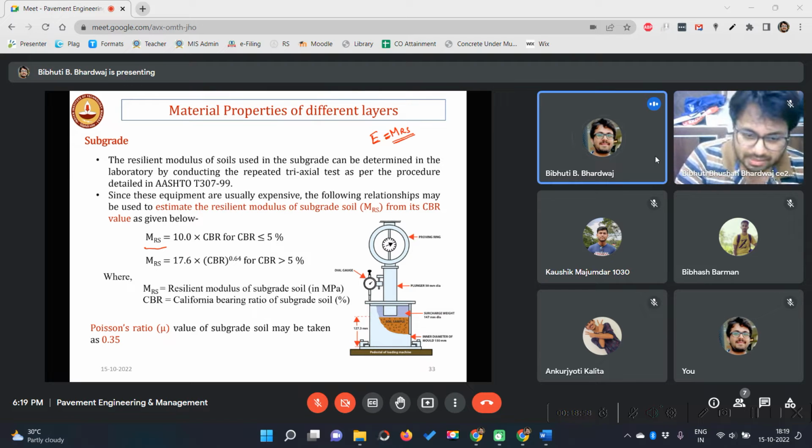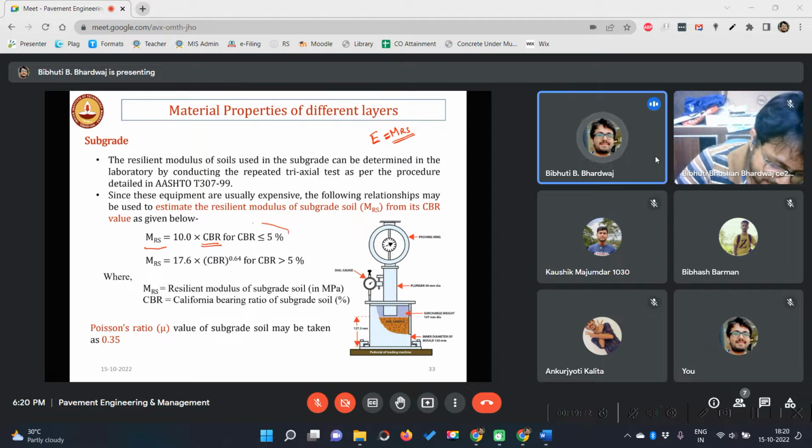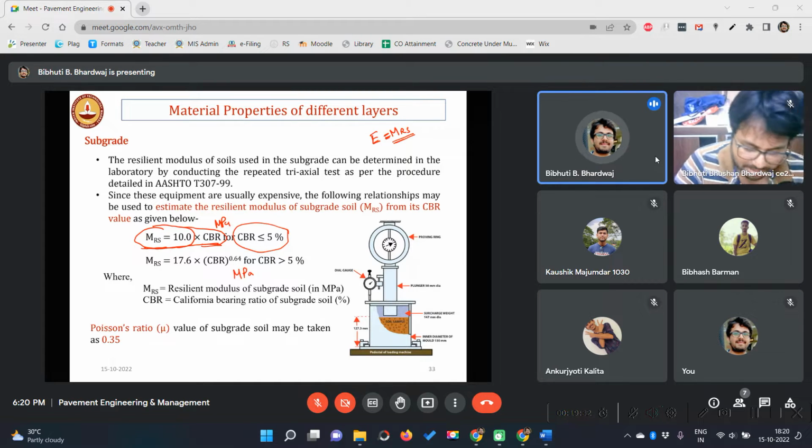But this is a very costly test, this triaxial test, and also time taking. So what engineers do, they simply find out the CBR value of the soil, and with some correlation they find out the modulus of resilience. And the correlation is that if the CBR value is less than 5%, then the modulus of resilience is directly 10 times the CBR, in MPa.